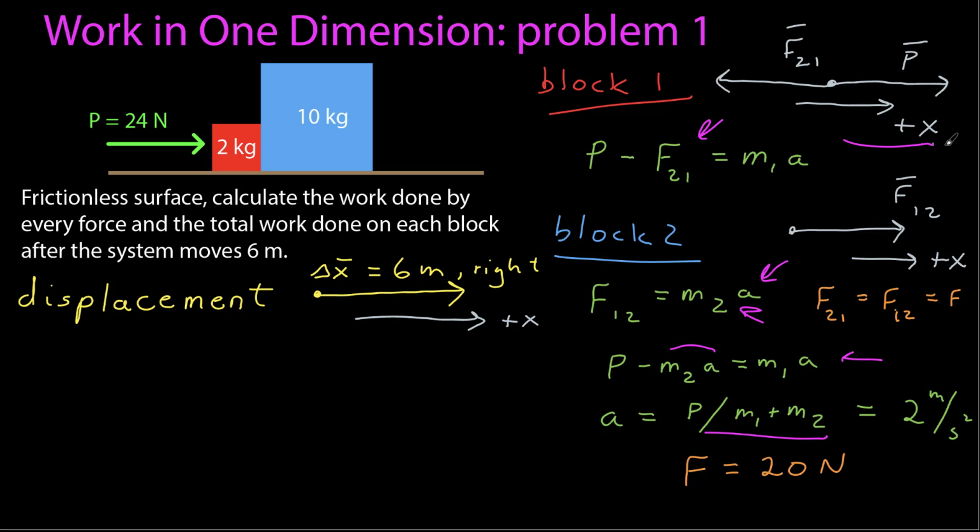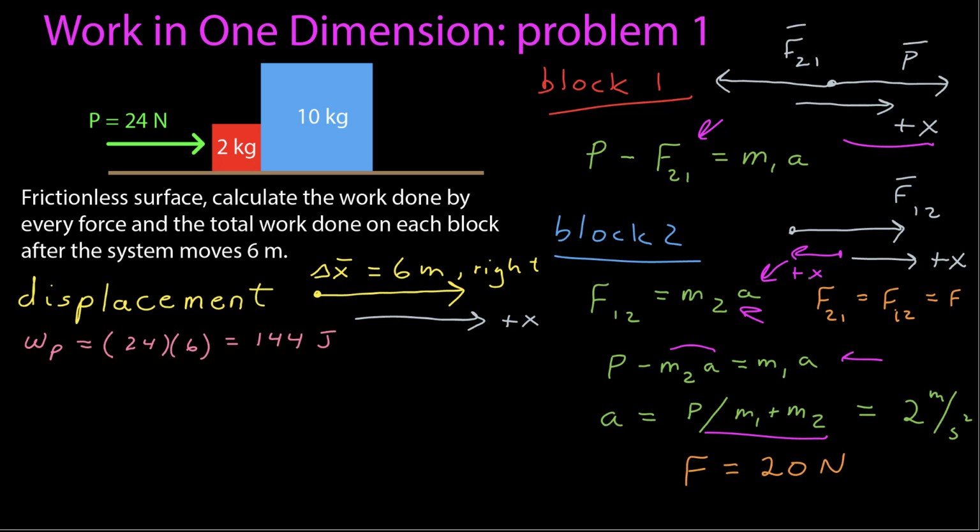So if I had, for example, set my positive x to the left for block 2, I would have to use that coordinate system when I calculated the work from the displacement for block 2. But since all my coordinate systems were to the right, I'll set my displacement coordinate system to the right.